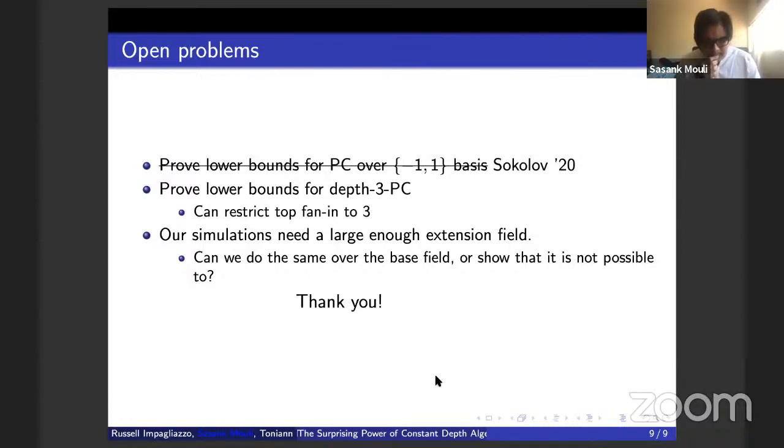So in our result, we fix the extension variables we want to introduce as part of the axioms, but I'm not quite sure.